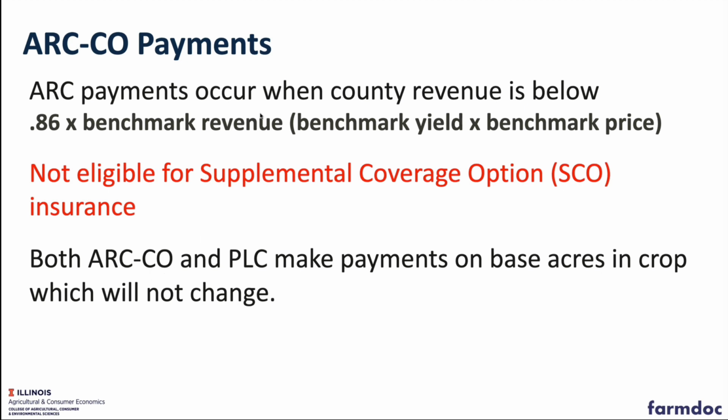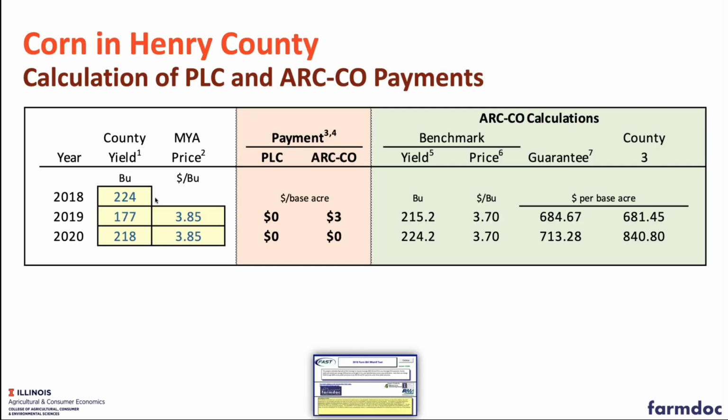So here's the ARC County payment. And let me just give you an example for Henry County. For 2019, if we have a $3.85 price for market year average price, we lowered the yield for ARC County here in this slide to 177, and that triggers a $3 payment. Just to give you a feel for when ARC County will trigger a payment. PLC at a $3.85 price will not trigger a payment.